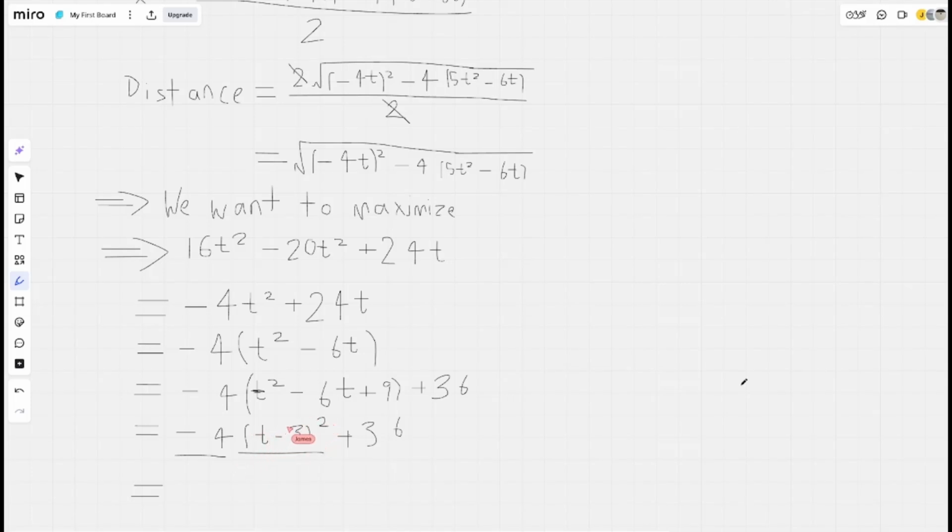Because if it's greater than 0, then this expression is more negative. So that would make the overall result not maximized, basically. So we can maximize this by setting this expression equal to 0.